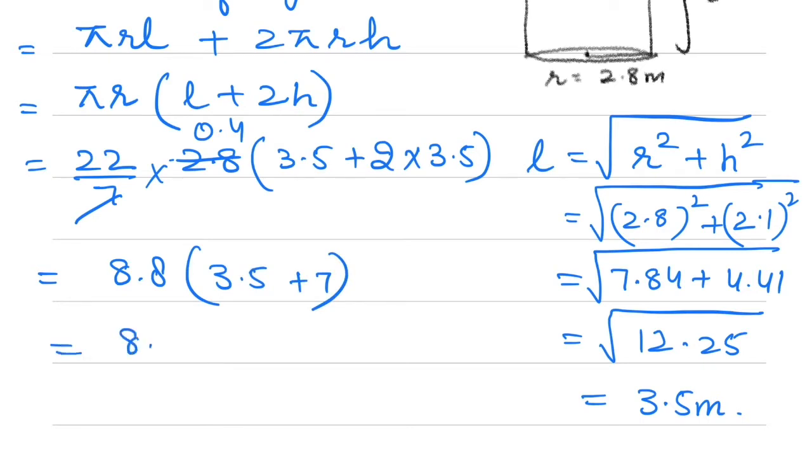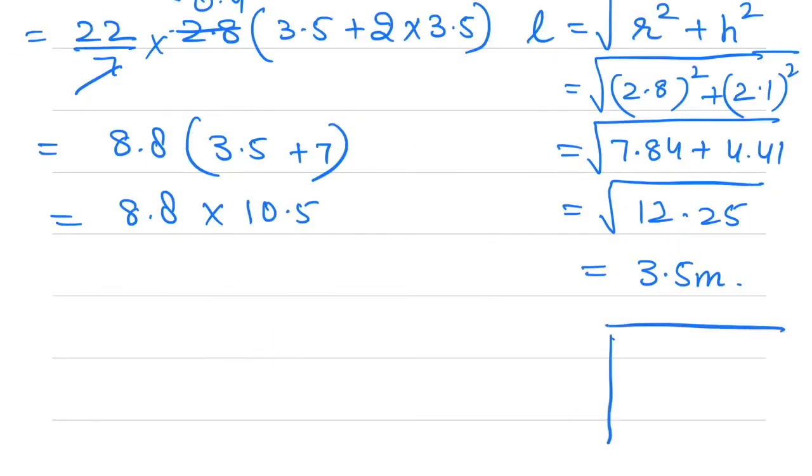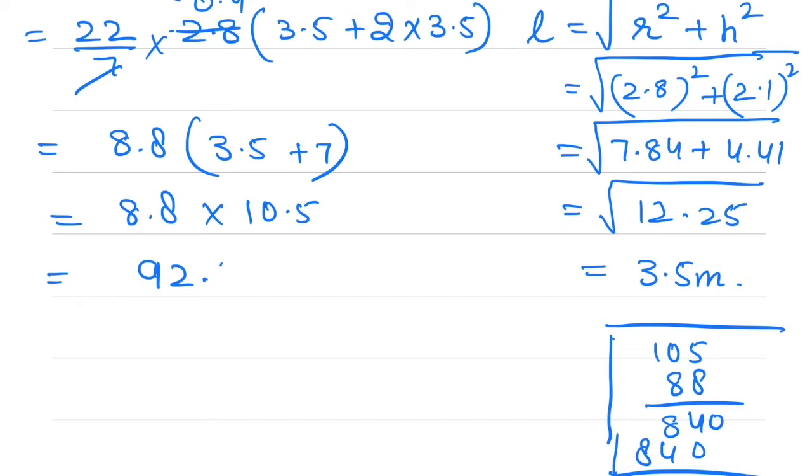This is equal to 8.8 into 10.5. A little bit of rough work here: 105 into 88, and this is 840 and 840. So this would be equal to 92.40 meter square. So this is the area of the canvas required for one tent.